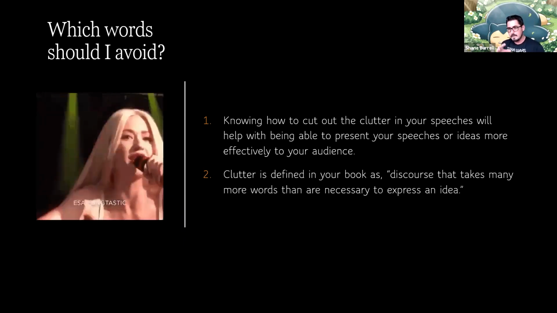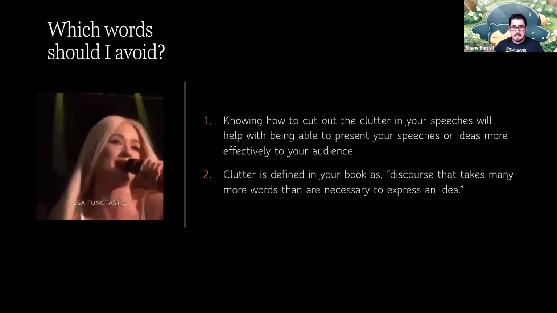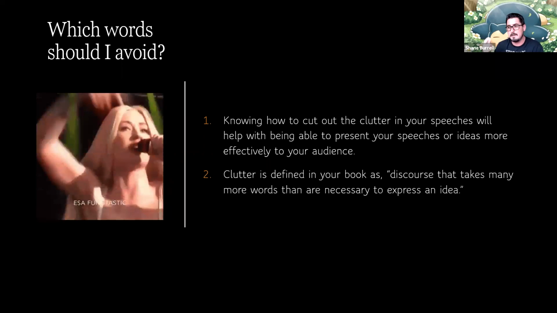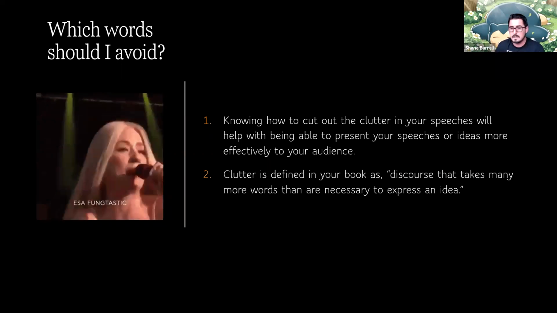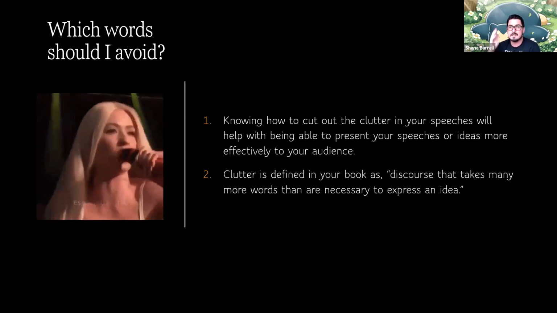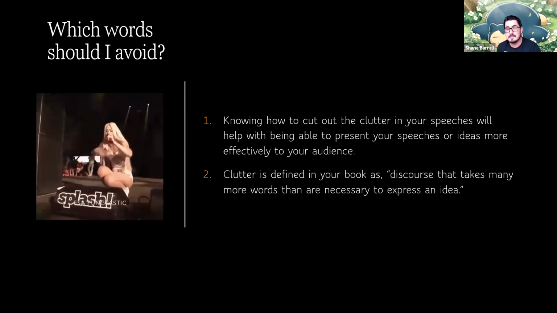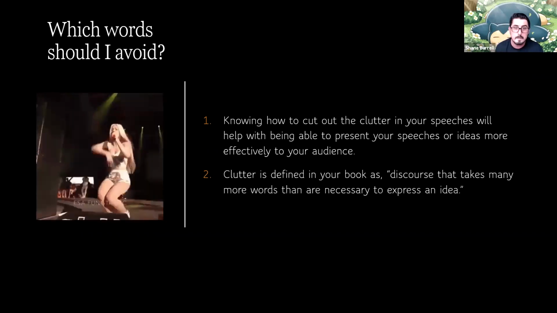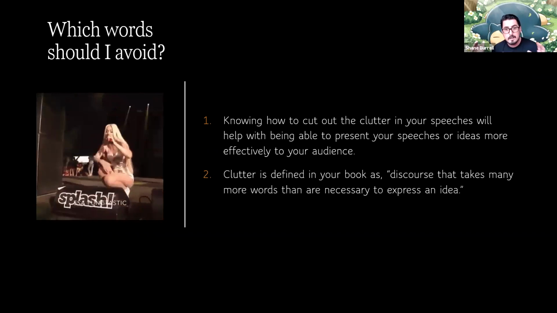What clutter means is you're talking on and on and on, and you've just explained one thing, and we're getting lost in your words. We have no real big idea about what you're actually talking about. You might just say, oh yeah, the sky today is so amazing, and it's so blue, and there are so many clouds out there, and the birds are flying in the sky, and you know how many layers of atmosphere are out there.